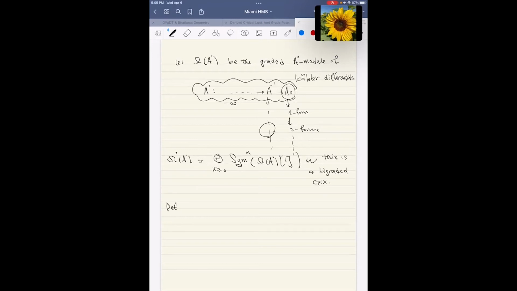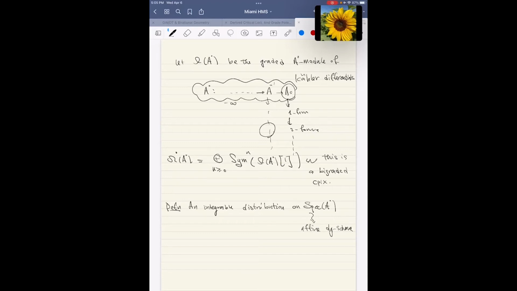So now here is a definition: an integrable distribution on the spectrum of A dot. So if you like, this is the affine DG scheme, exactly like in algebraic geometry. If you have the DG algebra, you can construct the affine DG scheme. So what is an integrable distribution?